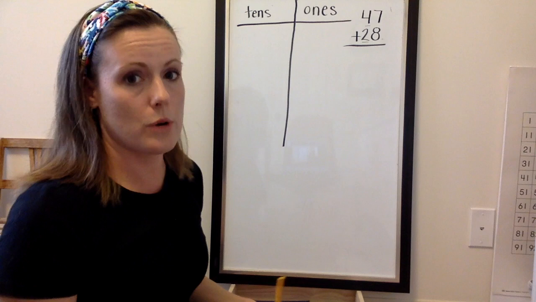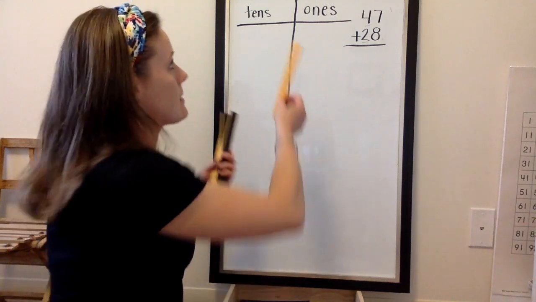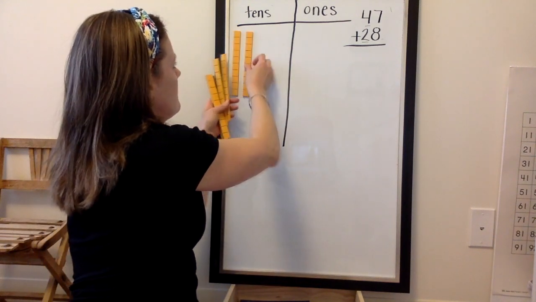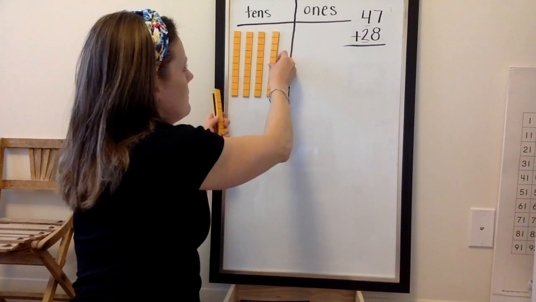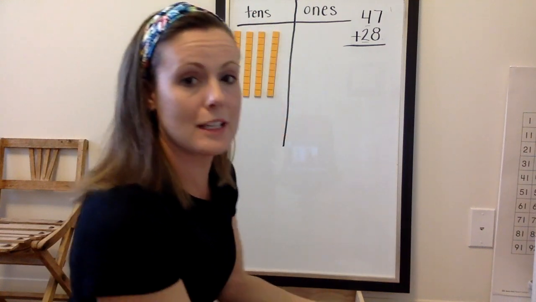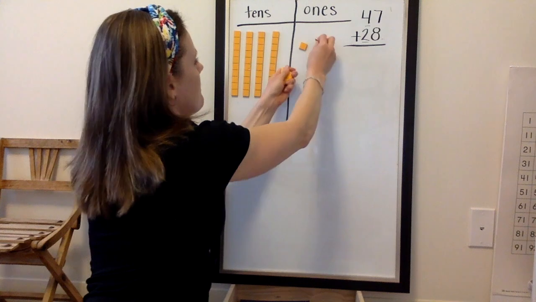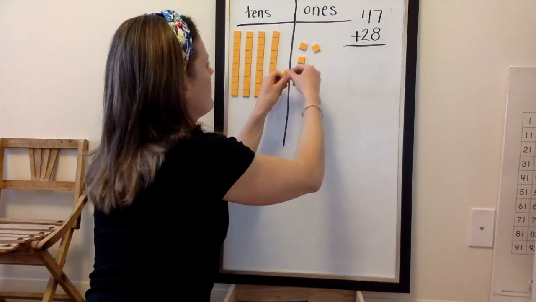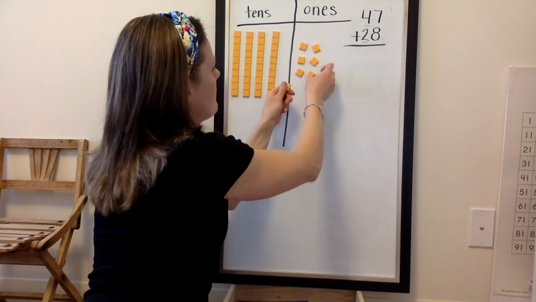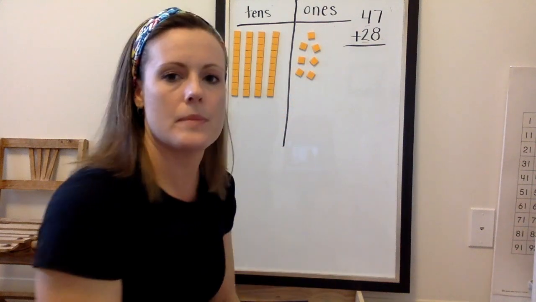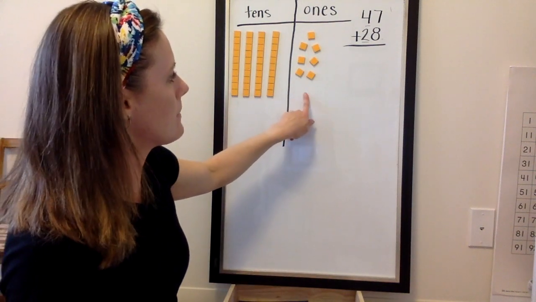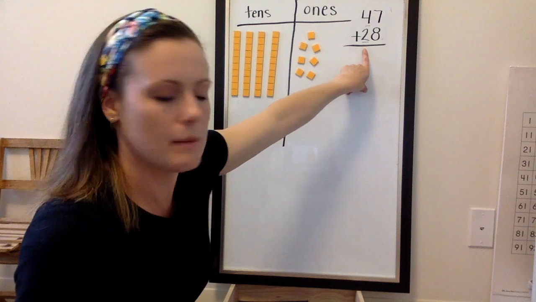So my first number is 47. I'm going to need to use 4 tens. And then I'm going to use 7 ones. So I have the number 47. Now I'm going to be adding the number 28.